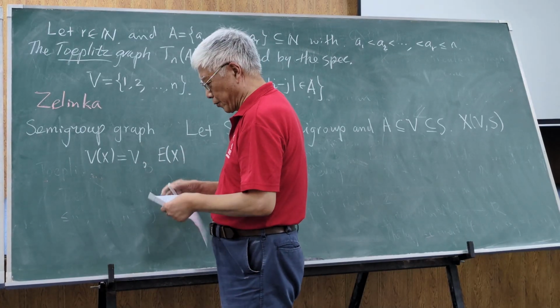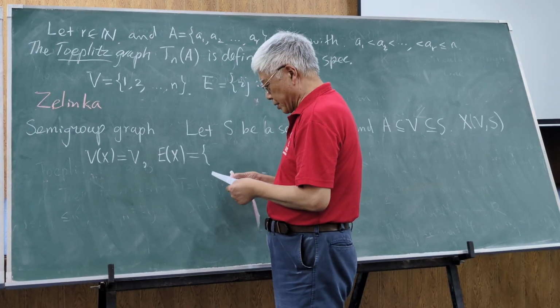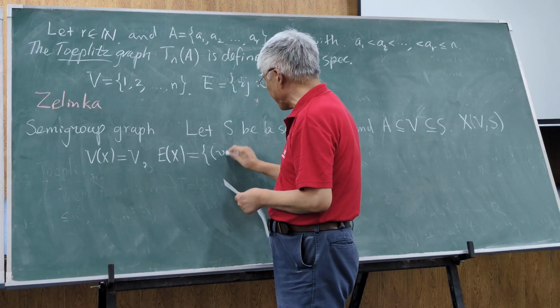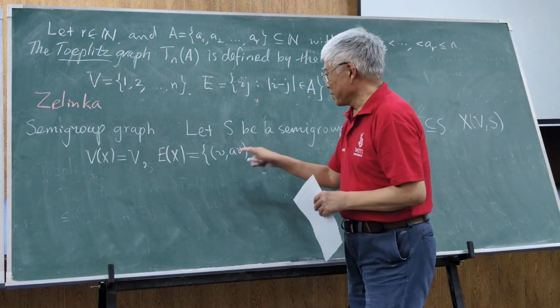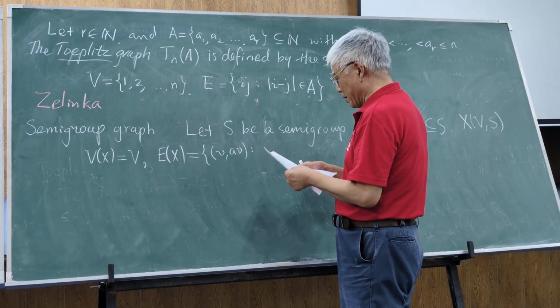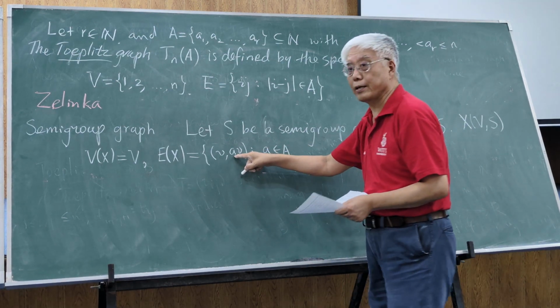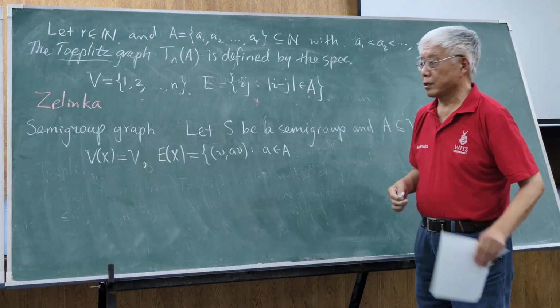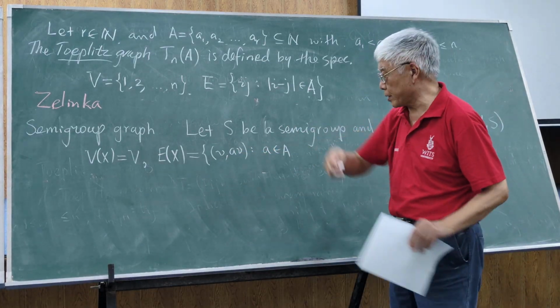The edge set of X is given by the following. You should carefully examine this edge set. It is given by ordered pairs (a, b) where a is from the set A. So we're using a as a left multiplication to get to the vertex adjacent to b, adjacent from b.